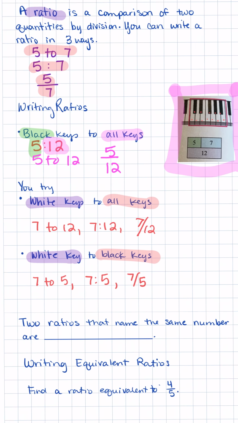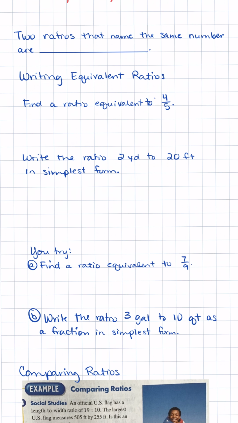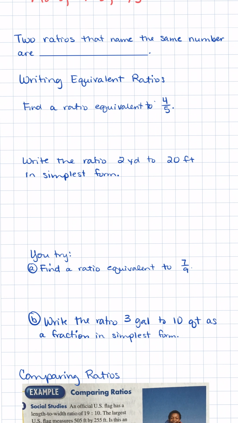So let's move on to ratios that name the same number are equivalent ratios. Let's go ahead and write that in. So equivalent ratios. So in a previous class we learned about writing equivalent fractions.